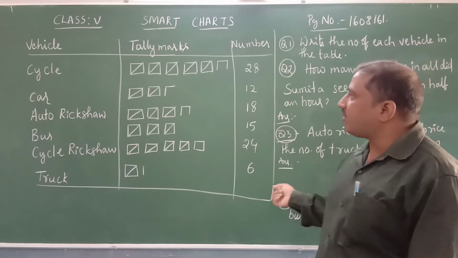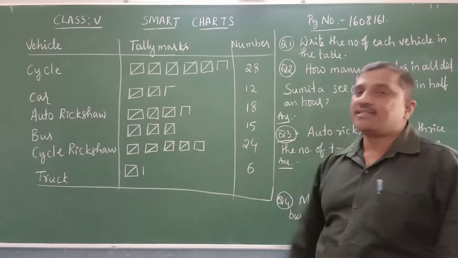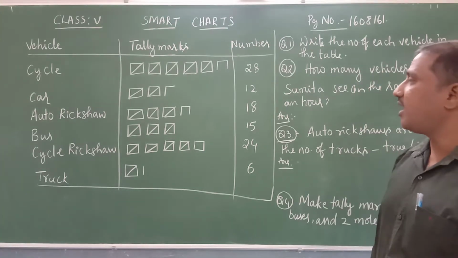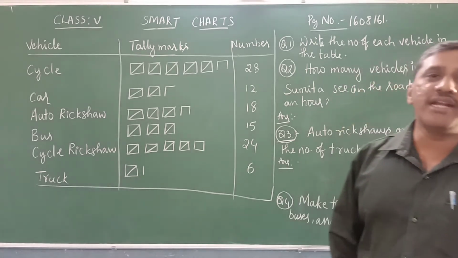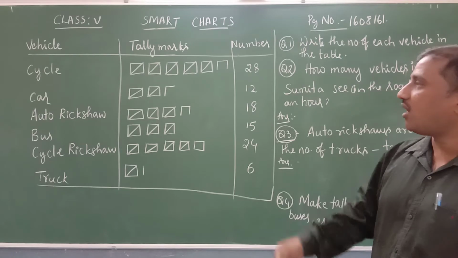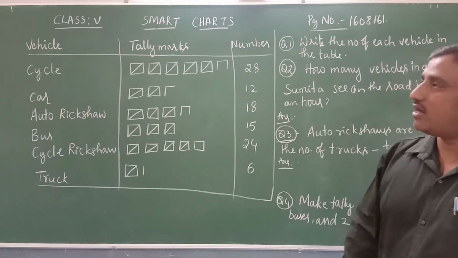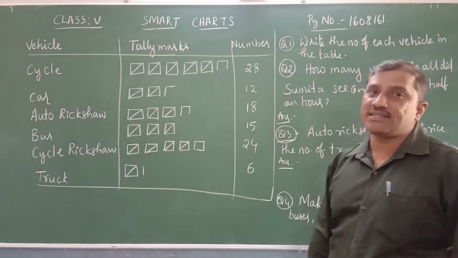The least number of times she identified a vehicle is the truck. Only 6 trucks she found on the road in half an hour, whereas cycle rickshaws 24, buses 15, auto rickshaws 18, cars 12 and cycles 28.